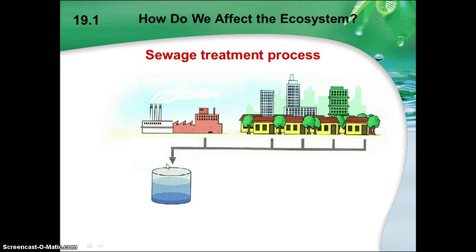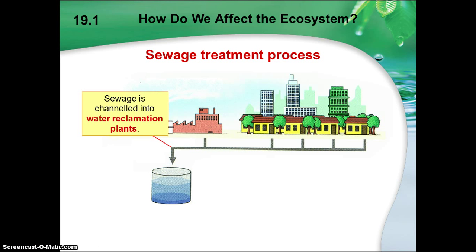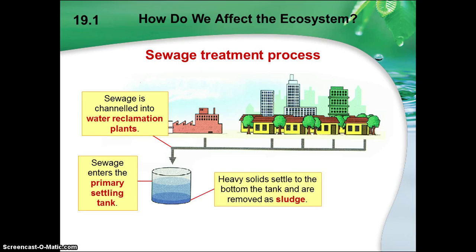Let's look at a summary of the whole sewage treatment process again. First, the sewage is channeled into the water reclamation plant and enters the primary settling tank, where the heavy solids settle to the bottom of the tank and are removed as sludge.